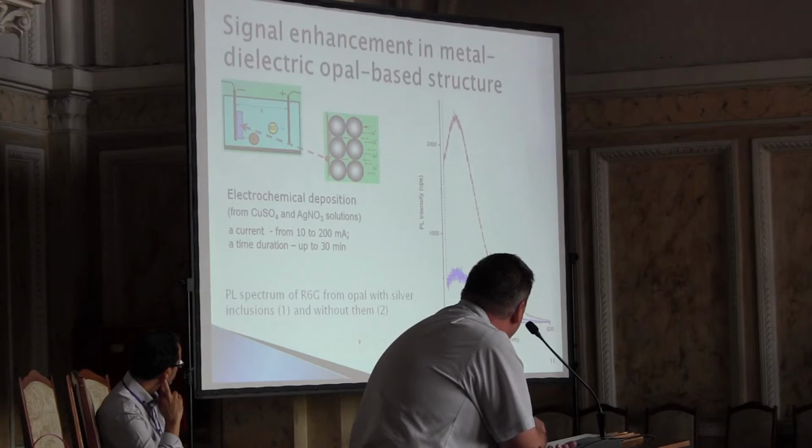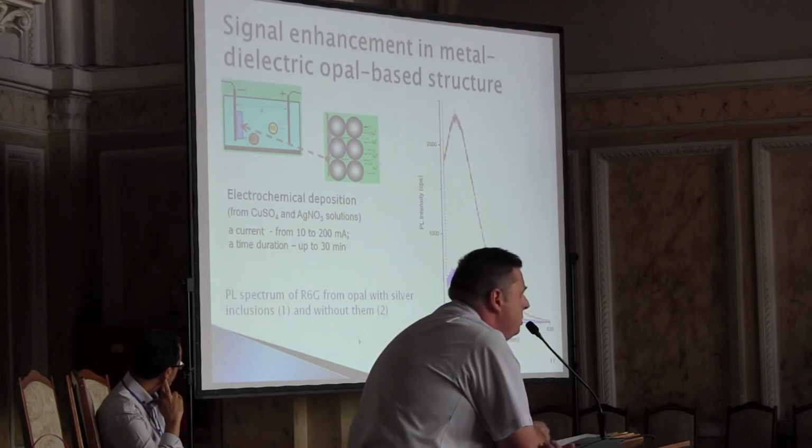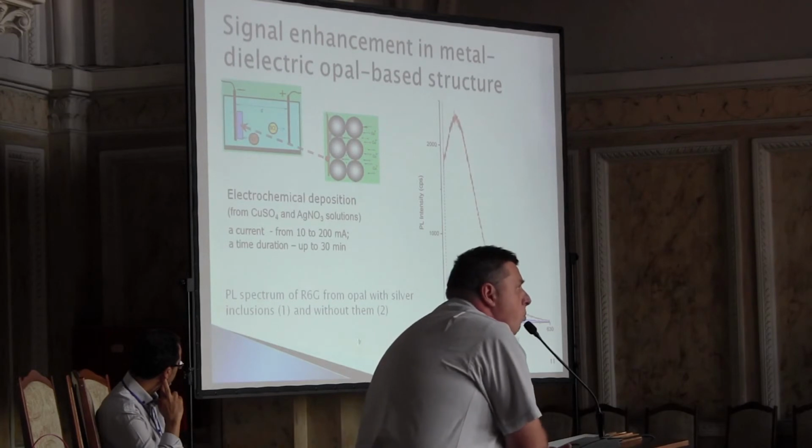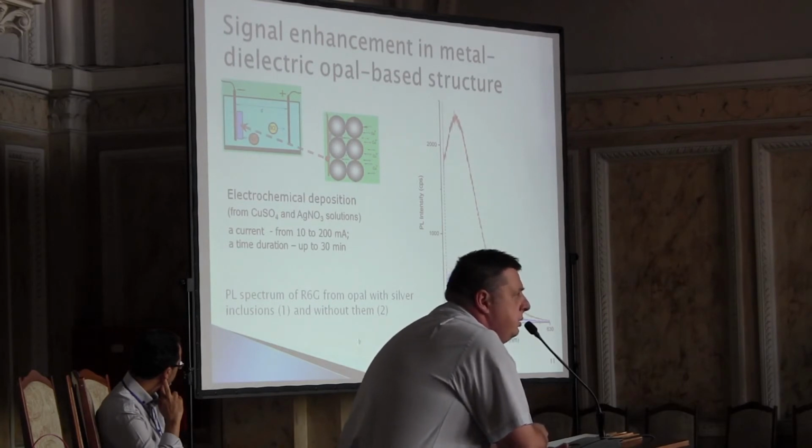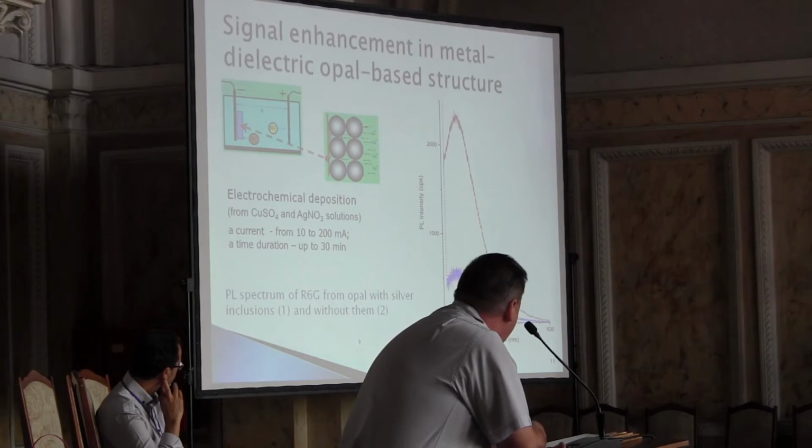Well, and metal-dielectric structures. We used electrochemical deposition under action of electrical force. Copper and silver ions penetrate into opal pores, and we reached a filling degree of up to 10% for one cycle, but it depends on time duration and current value of electrochemical deposition.